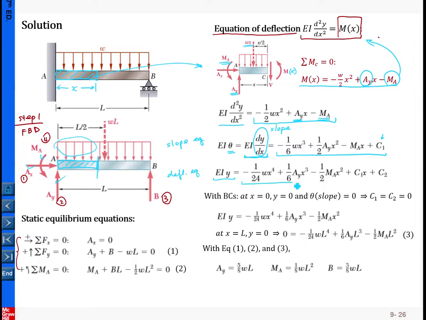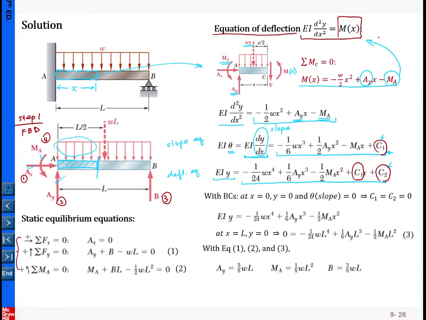The right hand side is the integration of such equations, and then you come up with one more integration constant. So right now you have two integration constants, which are the additional two unknowns coming up from the integration of the differential equations.